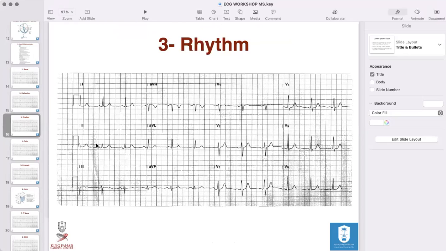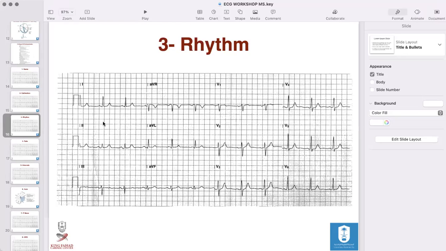So we make sure each P wave is followed by a QRS, P wave, QRS, P wave, QRS. Okay, good. Then each QRS is preceded by a P wave. Usually you're going to have a long strip, which is the one you really use to assess the rhythm rather than assessing each lead. And then you make sure that the P wave is upright.